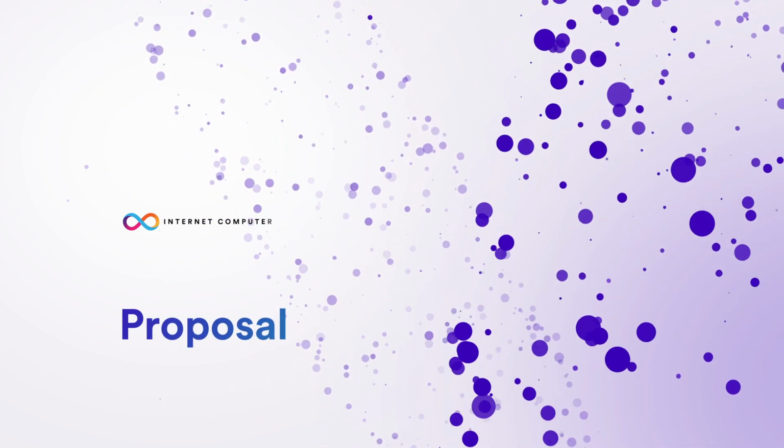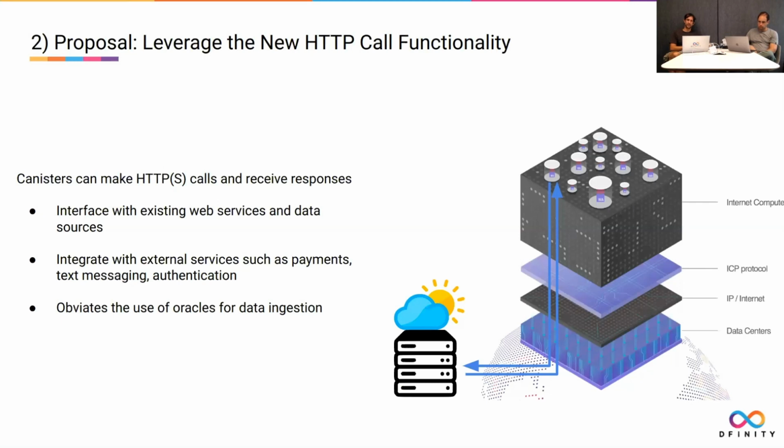So let's jump straight to the proposal. There is one key piece that we require in our new proposal, and that is the new ability of canisters to make HTTP calls and receive responses. This is a very exciting feature that is very powerful and will hopefully be rolled out in the upcoming weeks.